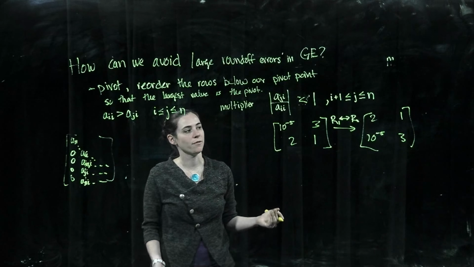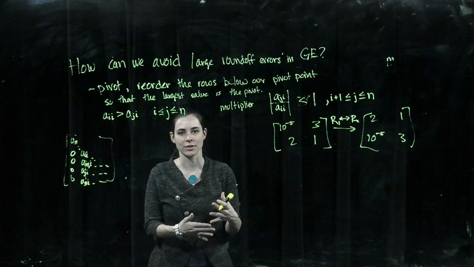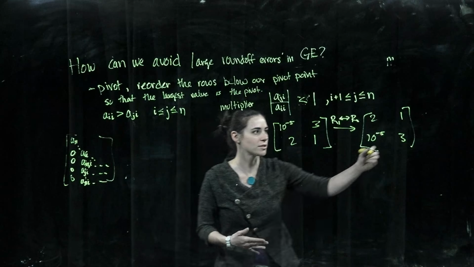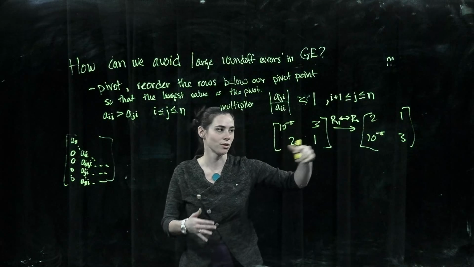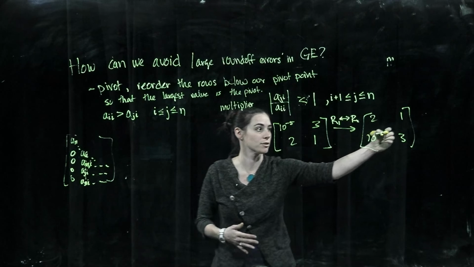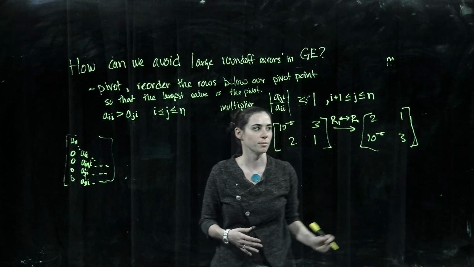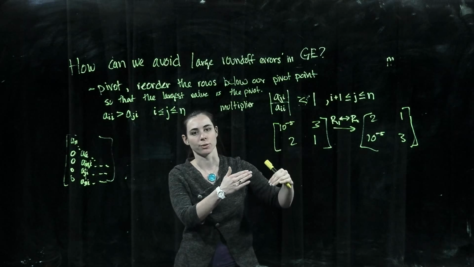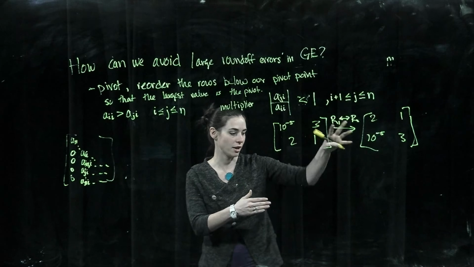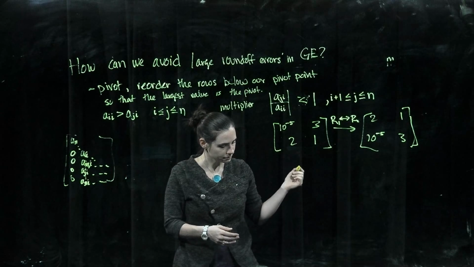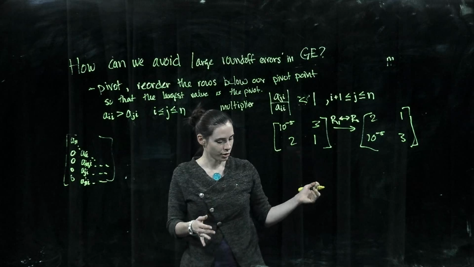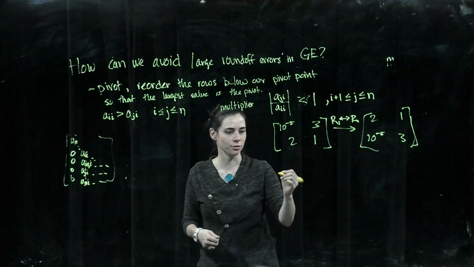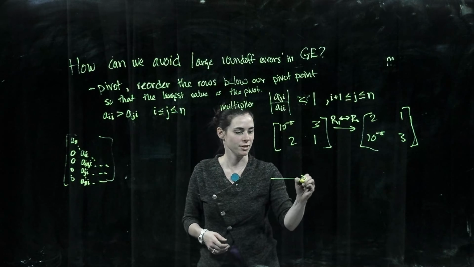And remember, if we're solving a set of equations, we haven't altered the set of equations as long as we also change, for example, our b vector. So if this was to solve a system of linear equations, you would want to change the rows of the entire augmented matrix, not just the A part. Okay, so we switch our rows, and now we can do very similar to the operation we did before.